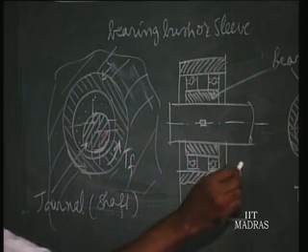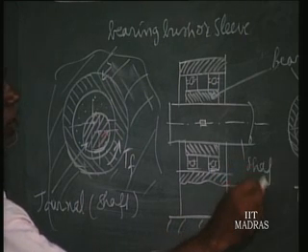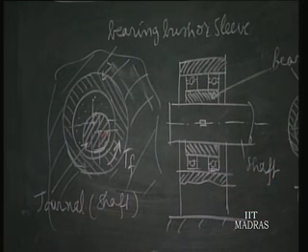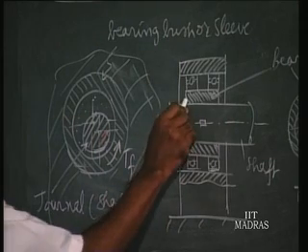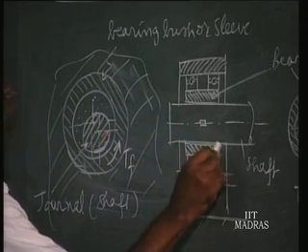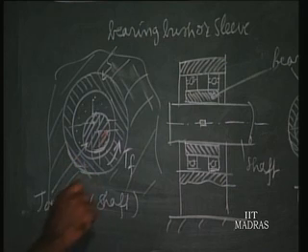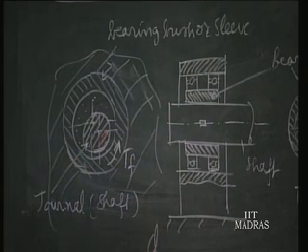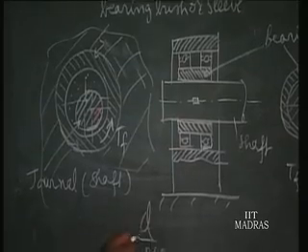This is the journal, the shaft. The portion of the shaft inside the bearing is called the journal. There will be a gap; here I have exaggerated the clearance, but normally the gap will be of the order of d by 1000. This is the diameter clearance in any bearing.